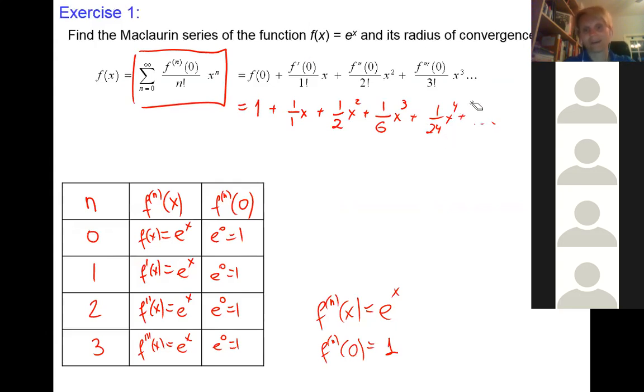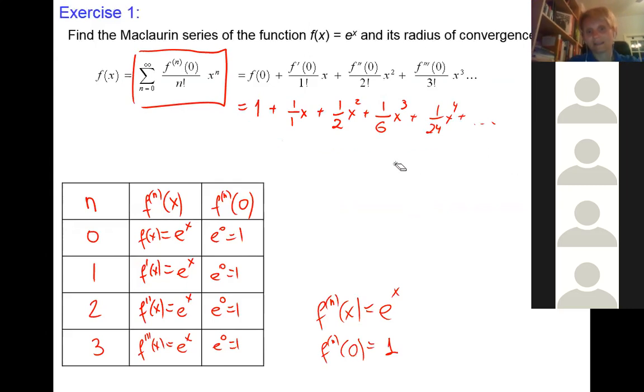That means I can think that this is the 4th degree Taylor polynomial. But since I have 3 dots, I'm thinking about the entire Taylor series. Actually, I should say Maclaurin because it's centered at 0.